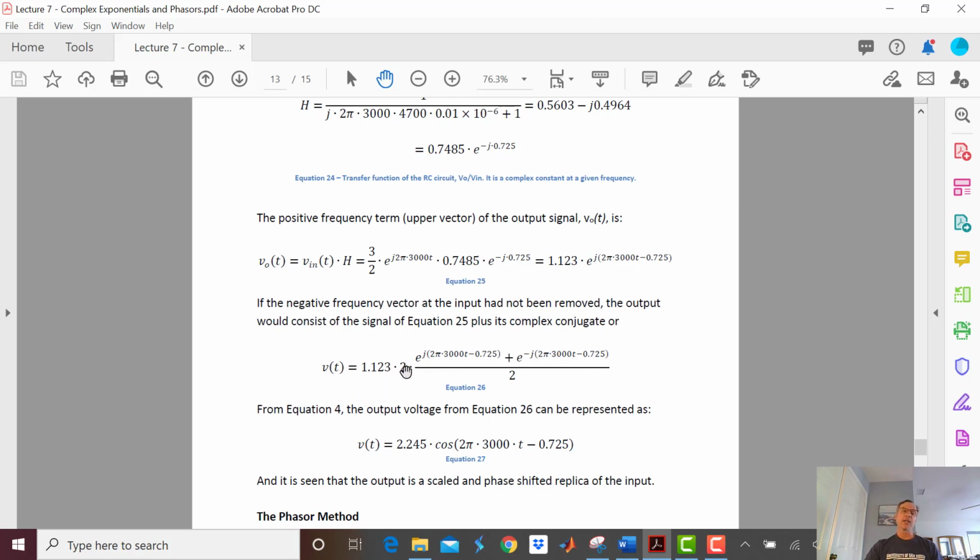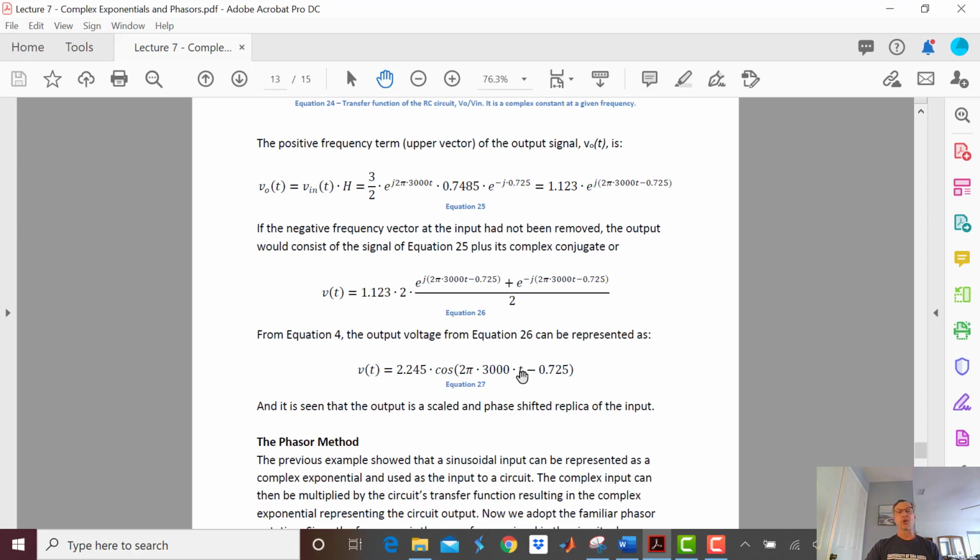And from our equation 4, or just our Euler identity, we can pull the output voltage, and here it is. And you can see that the output is a scaled and phase-shifted replica of the input. So we're still doing it the hard way, though we have pulled out that lower vector.